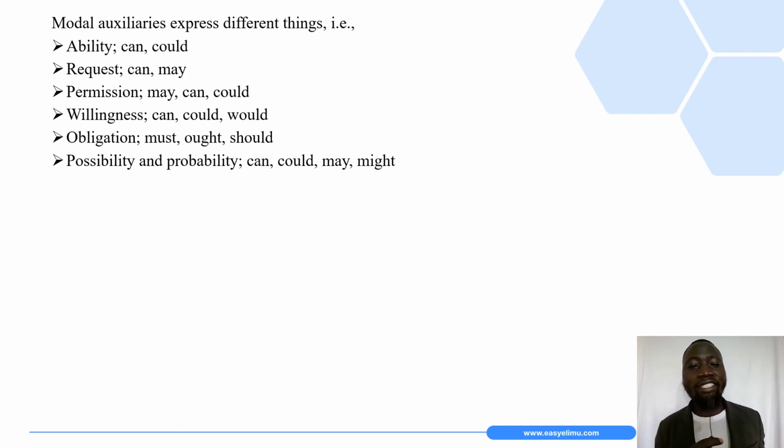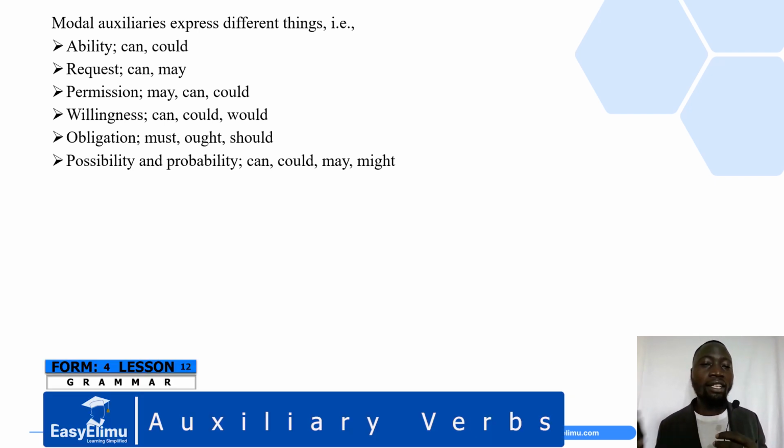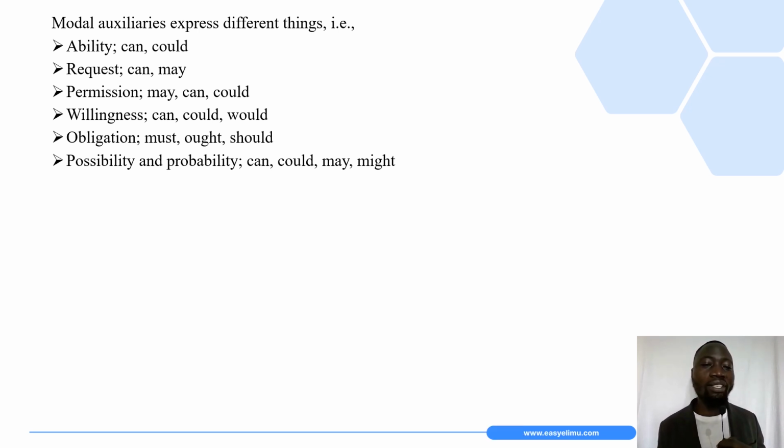So here are some of the uses of the modal auxiliary verbs. So they express different things. Number one, they can be used to express ability. So in this case, the modal auxiliaries that we have are can and could. We can also use them to express request.